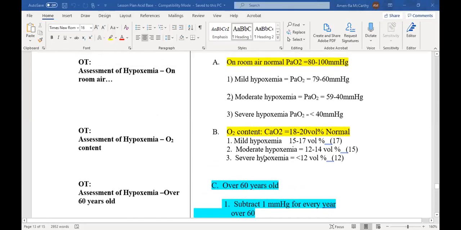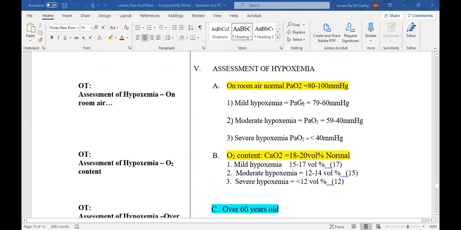Look right here at the assessment of hypoxemia. On room air, the normal PaO2 is 80 to 100. Now remember, that's on room air because, of course, if they were getting more oxygen, it would be more than that. On room air, the normal PaO2, which is the partial pressure of arterial oxygen, is 80 to 100. Anything less than that starts to become hypoxemia. Mild hypoxemia is 79 to 60 millimeters of mercury.